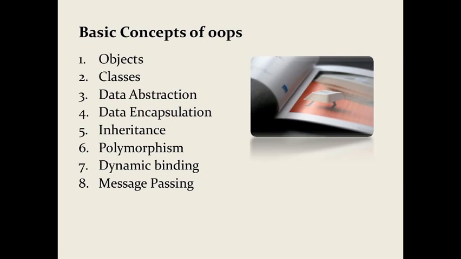They include, first the object, second the classes, third data abstraction, fourth data encapsulation, fifth polymorphism, sixth inheritance, next dynamic binding, and last message passing. These are the basic concepts related to object oriented programming language.